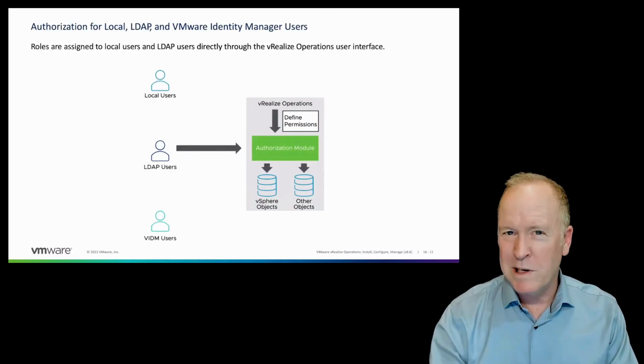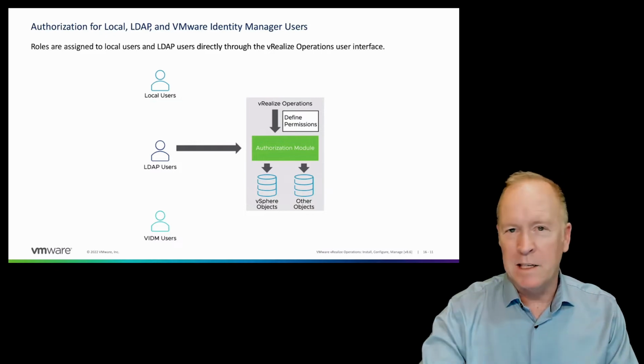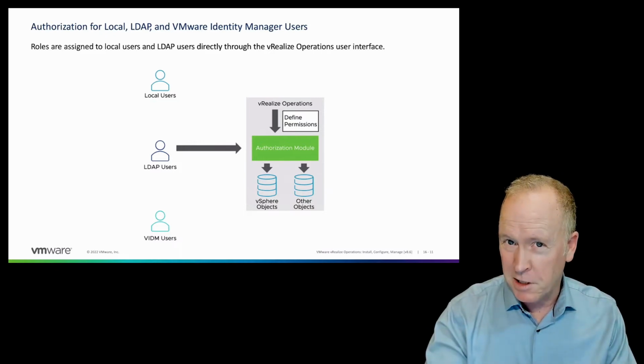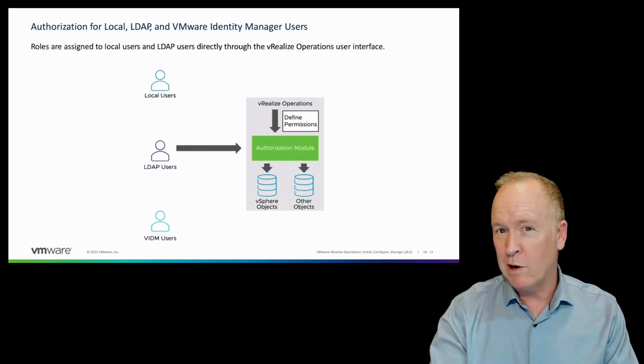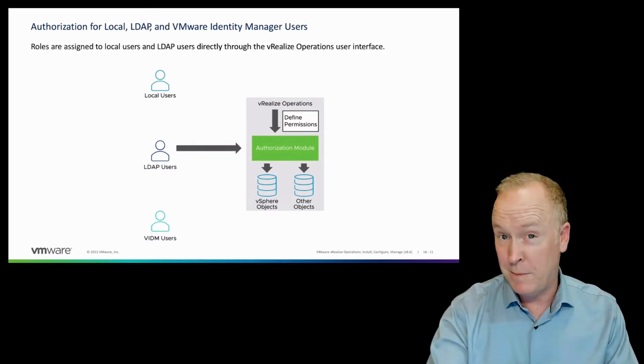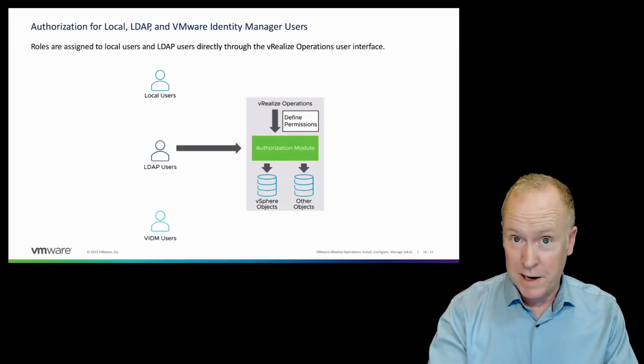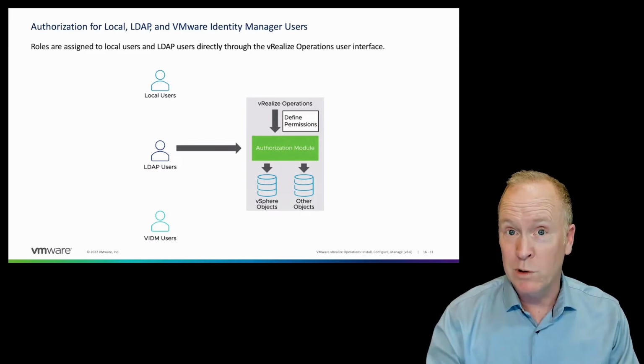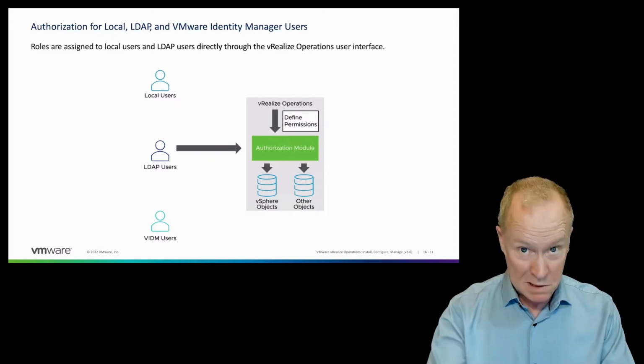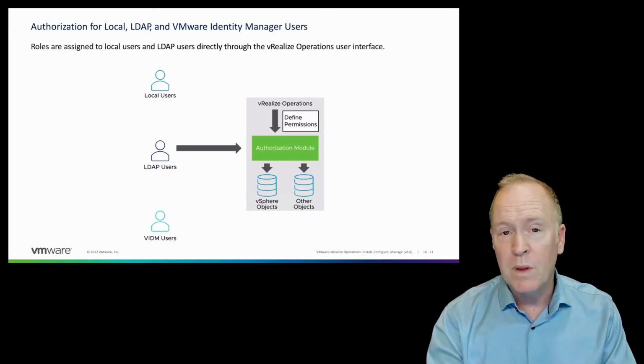A few slides ago, we talked about how things behave differently for authentication depending upon whether you're logging in as a local user or some other type of user. Now we're going to have a similar discussion about how authorization takes place depending upon what type of user you're logging in as. So again, now we're talking about authorization.